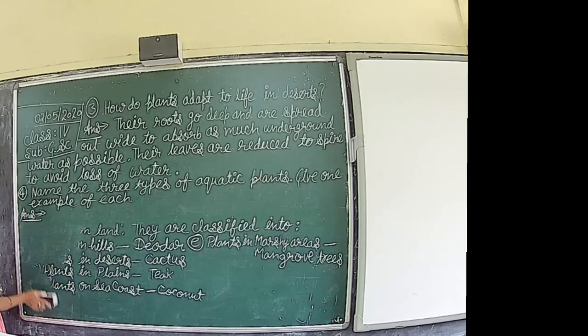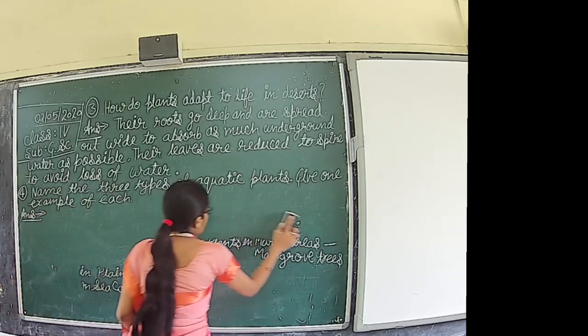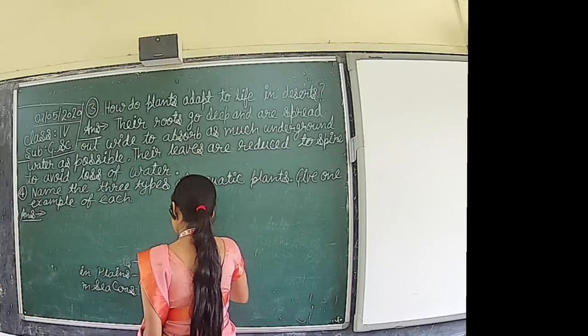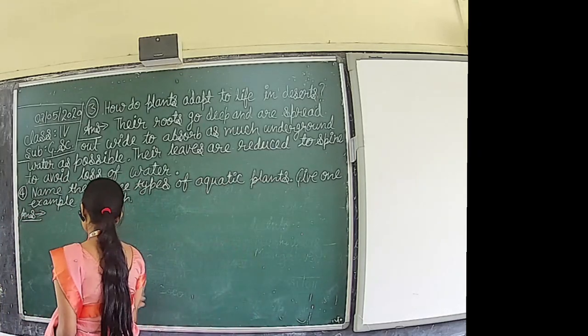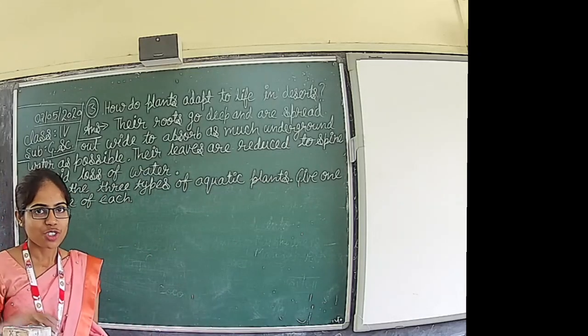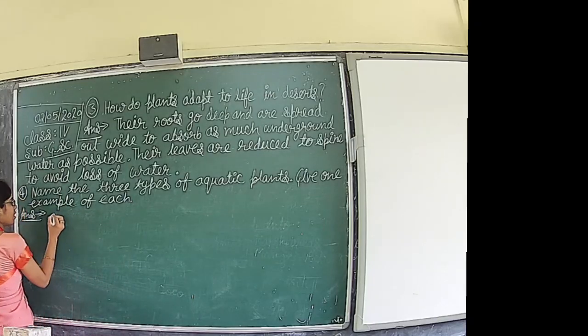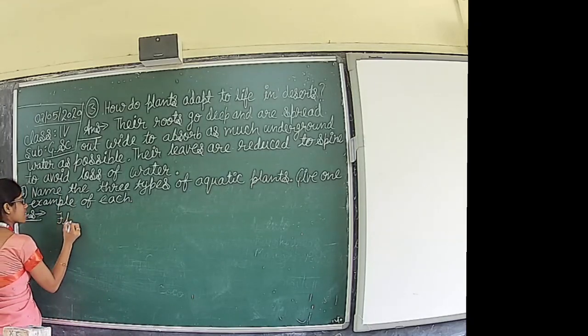We know the names because we have studied several times about these plants in the same chapter. Means in last 3 days we have studied, no? Do you remember? Yes. What is the first plant? Floating plant.